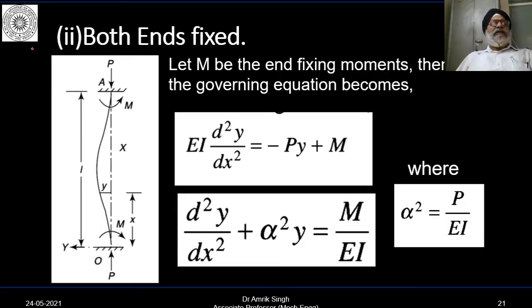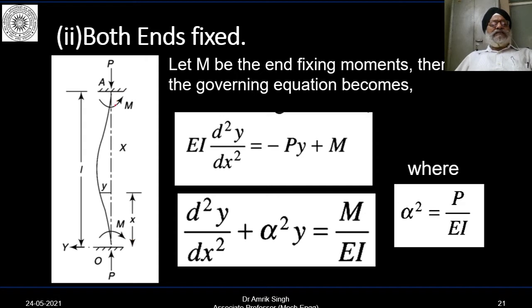Now the second condition is when both the ends are fixed. So here we have taken a column AB, the axial load is P, the length of the column is L, and because these ends are fixed, there will be a moment M also.